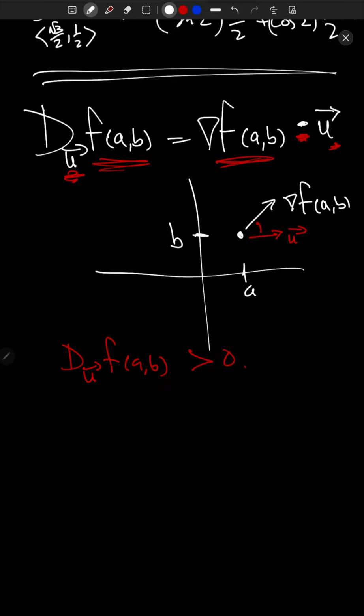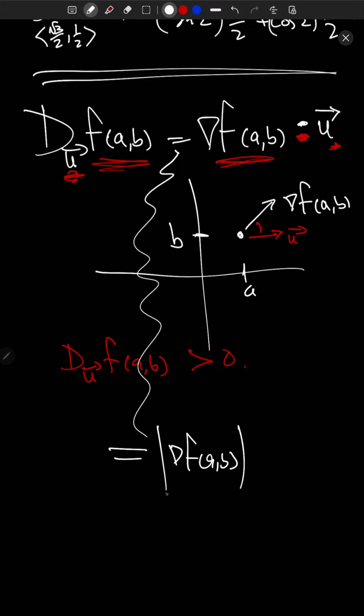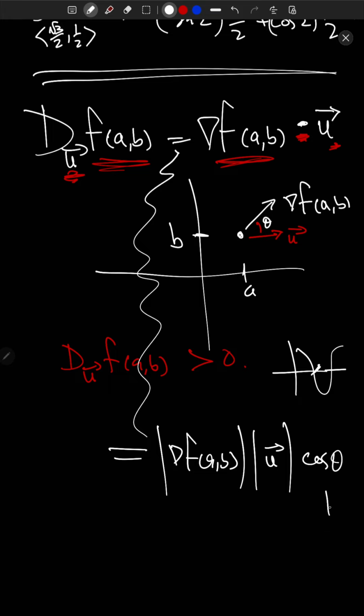Why is that? Well, remember, that's equal to the length of gradient f at (a, b), times the length of u, times cos theta, where theta is the angle between the two vectors. Okay, so if the angle is less than 90 degrees, right, here's the graph of cosine, I know that cosine is positive, the length is positive, this guy here is positive, right?